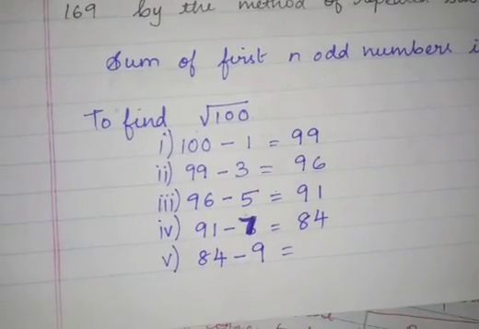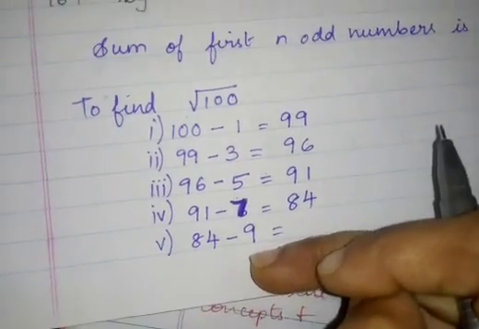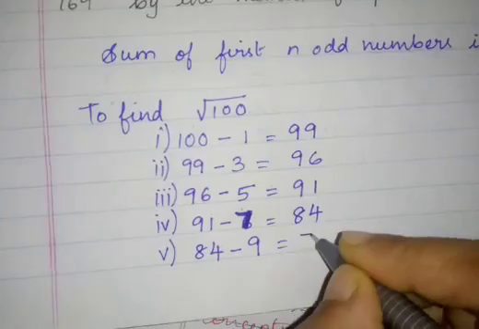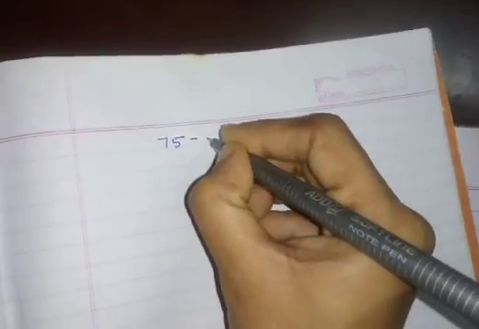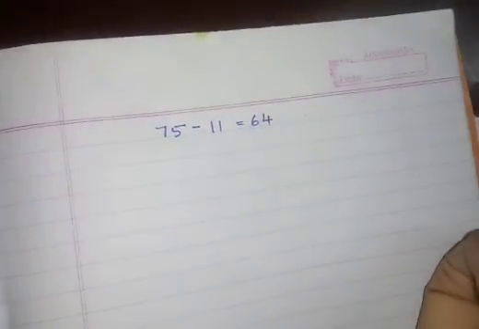Next, fifth step, 84 minus 9. After 7, the next odd number is 9. So 84 minus 9 is 75. Next odd number, 75 minus 11 is 64.